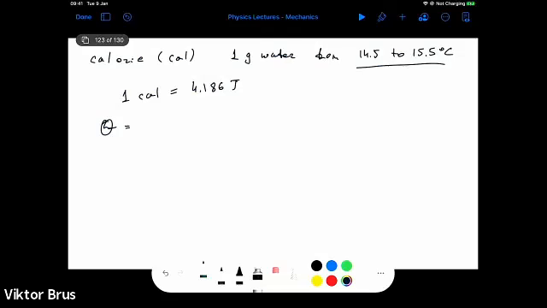So you can write that Q is equal to capital C times delta T. So this capital C is the heat capacity of the system. If you want to change its temperature by delta T, you multiply it by the heat capacity, and this will give you the amount of energy you need to provide to reach this change in temperature.